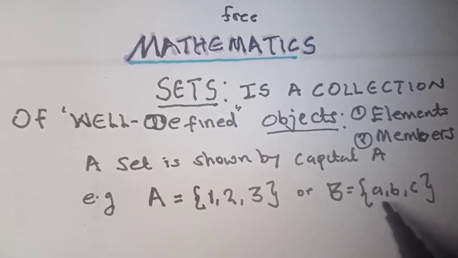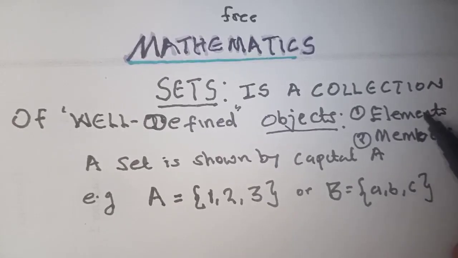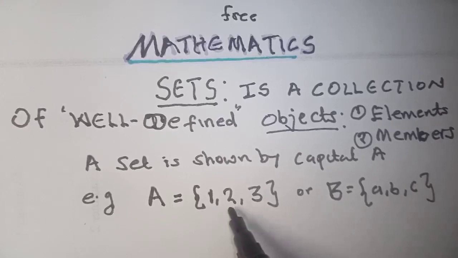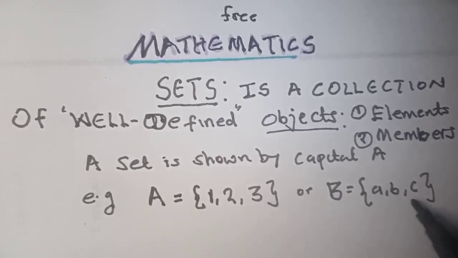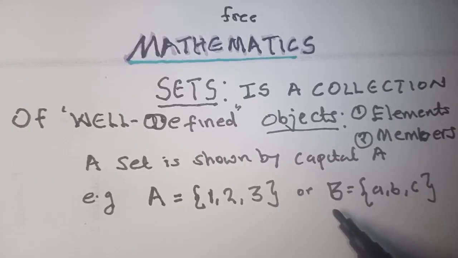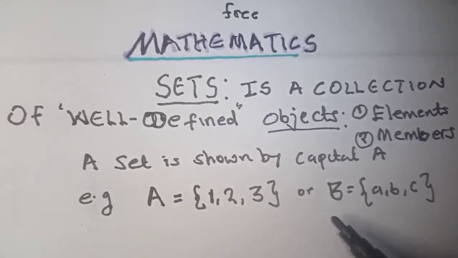Small letters denote the members or elements. So 1, 2, 3 are members found in A, and a, b, c are members found in B. I hope you followed that.